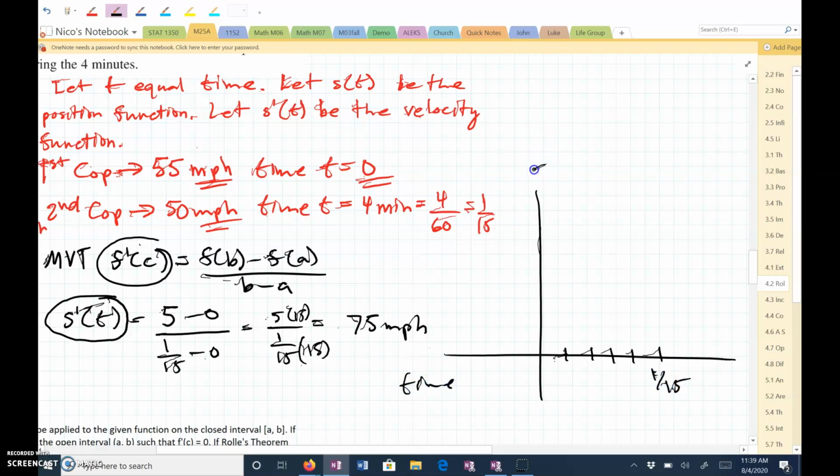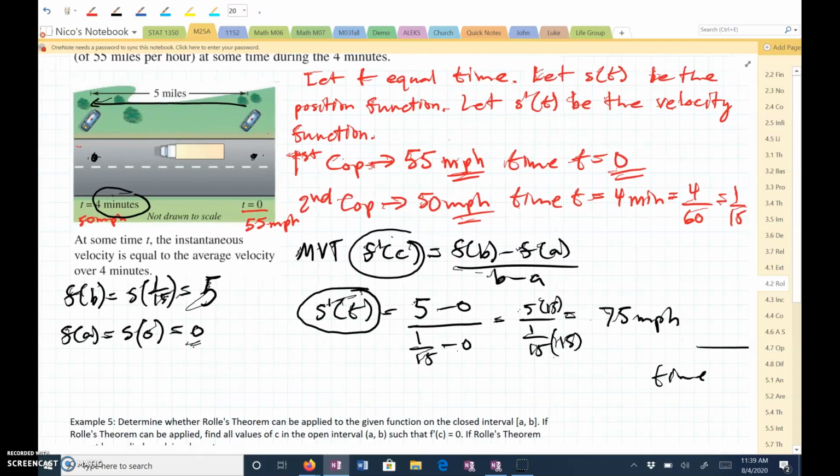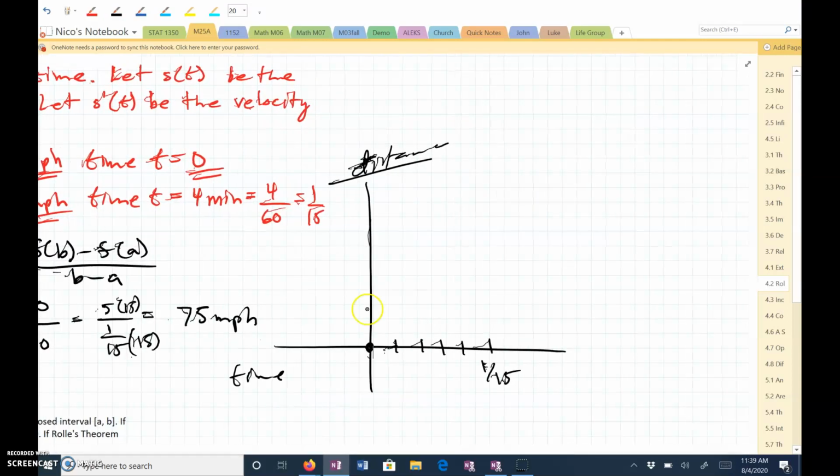This is distance. You'd have a point here at 0, 0, and we have another point at 5. 1, 2, 3, 4, 5.